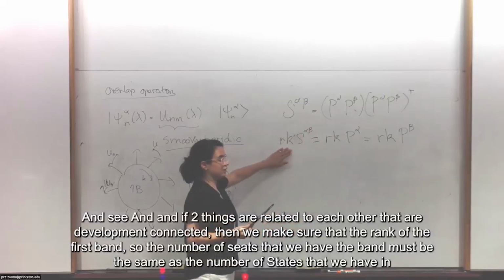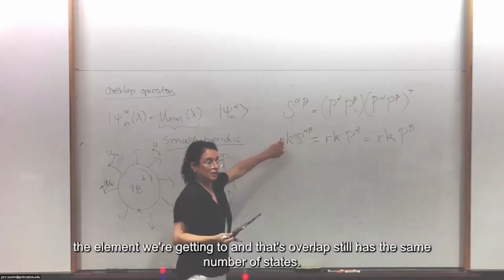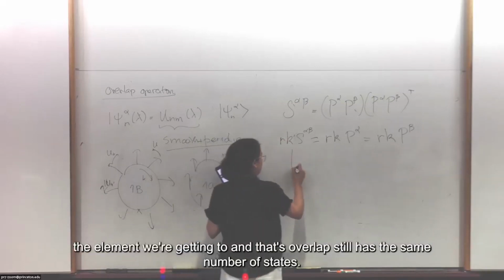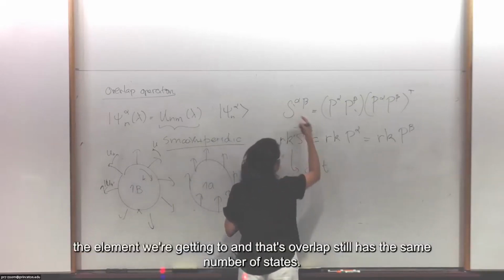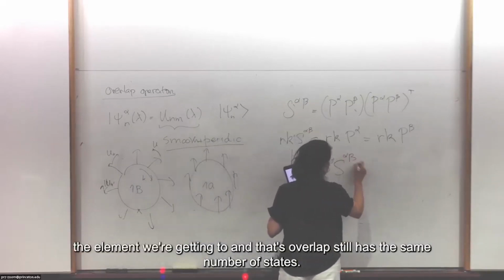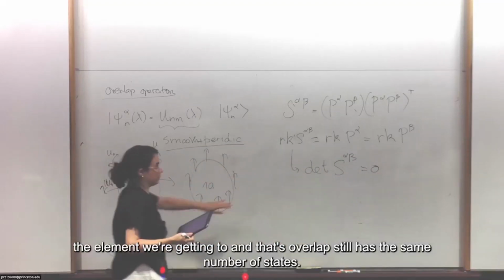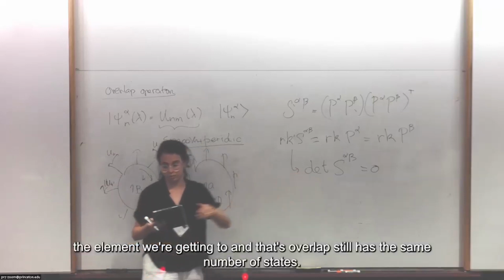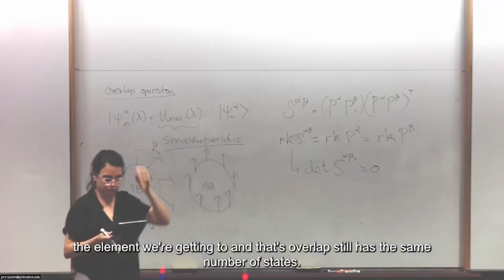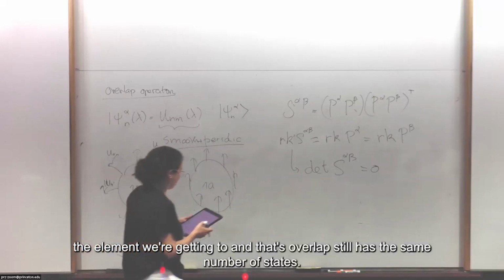If I don't have that, right, then I lost some state, and I'll get this operator to be singular, which will actually have quite a bit of consequences, and we'll try to discuss those consequences later on.